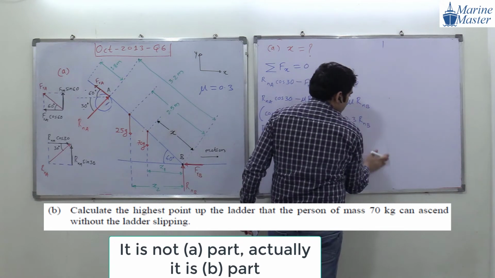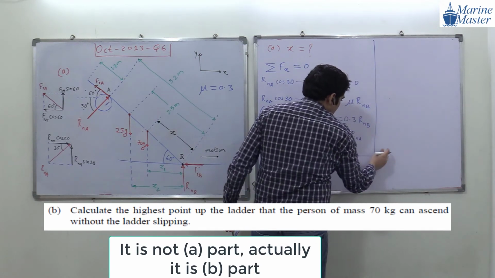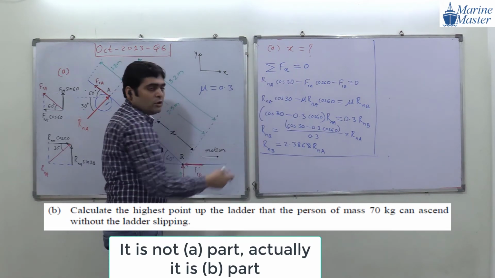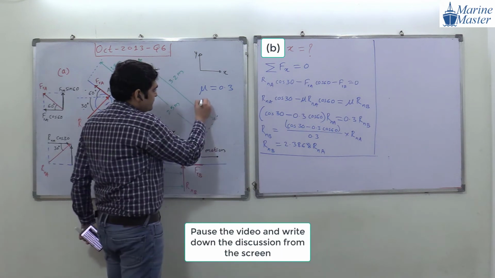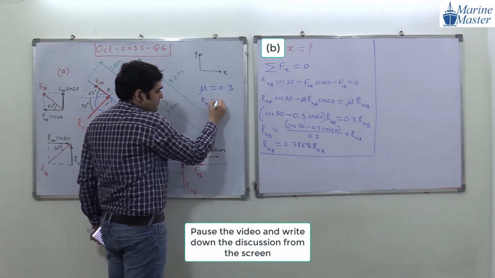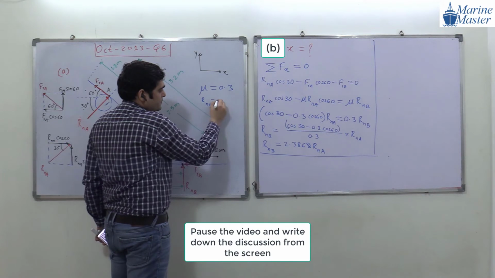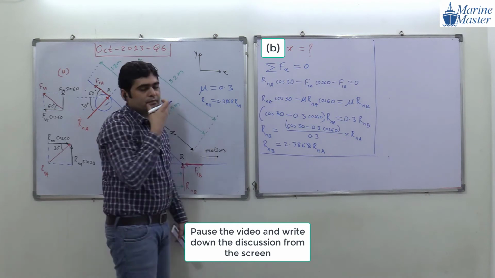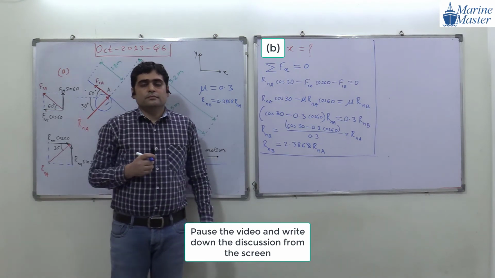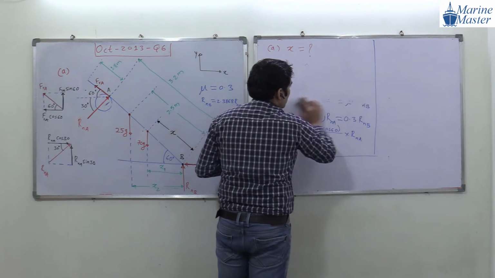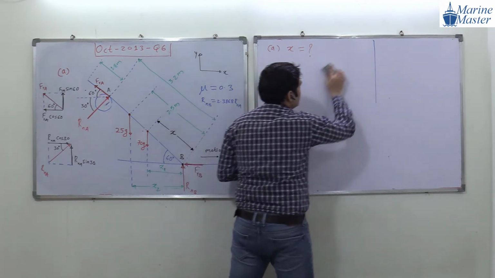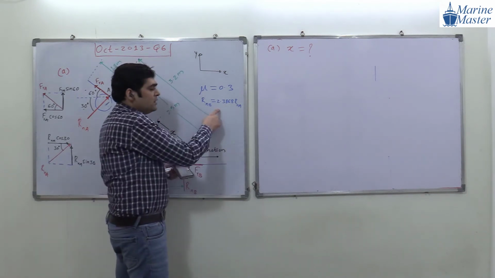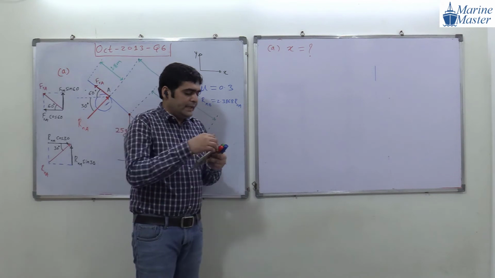Try to see the point here. Everyone, please write down up to this point. Now what we got here? We got RNB in terms of RNA, what I have written for my reference here.